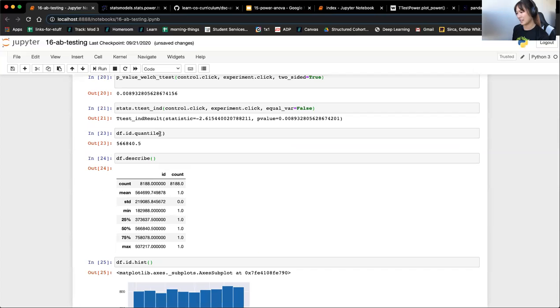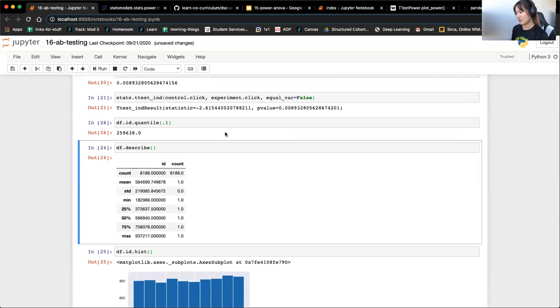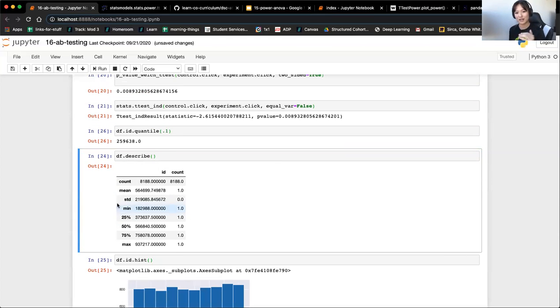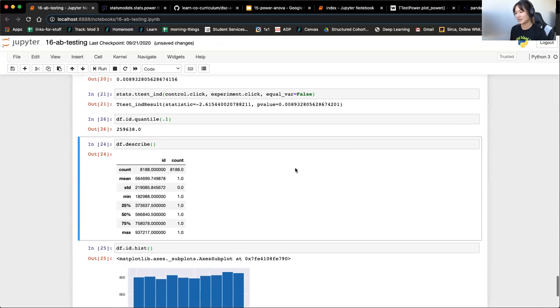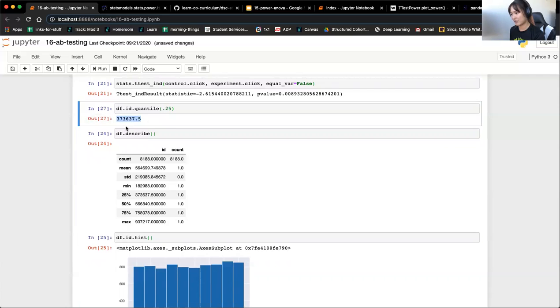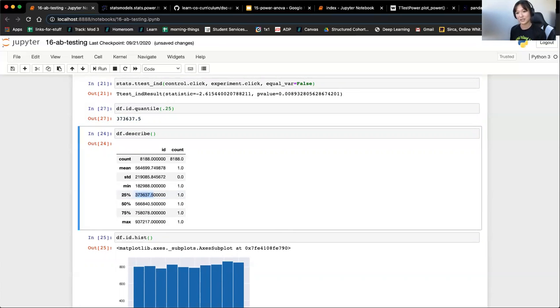If we do a quantile of 0.1, we're basically looking at, if we had a cumulative distribution function, what value will be the 10th percentile of values. Does that make sense? So basically, if I were to do 0.25 here, which is 373, it corresponds with this value. It's the 25th percentile.